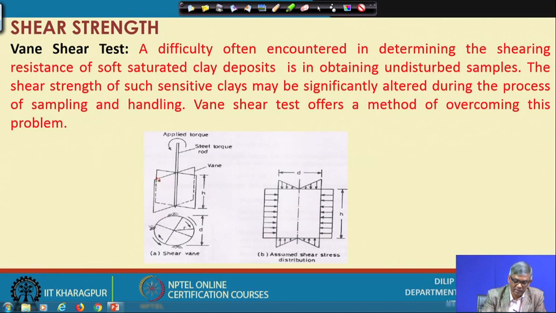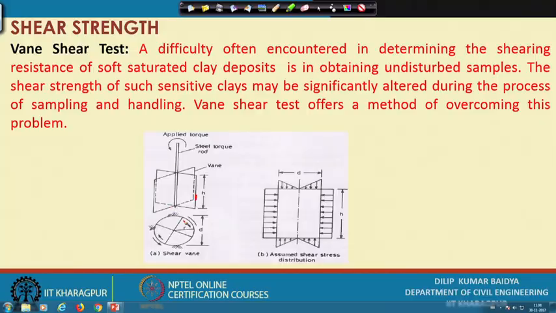That means we can imagine one rectangle here, and when these two are joined, the width of the rectangle can be considered as the diameter of the vane, whereas the vane depth-wise can be considered as the height of the vane. With the 4 vanes connected to the rod, it can be lowered or pushed inside the soil, and at the desired depth we can apply a torque through the rod.